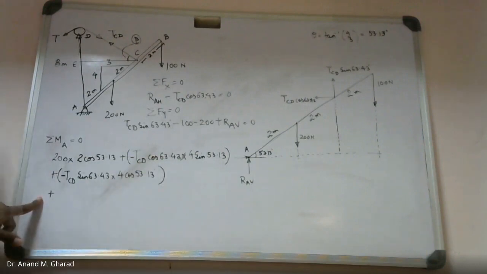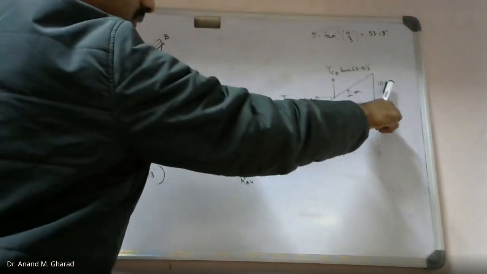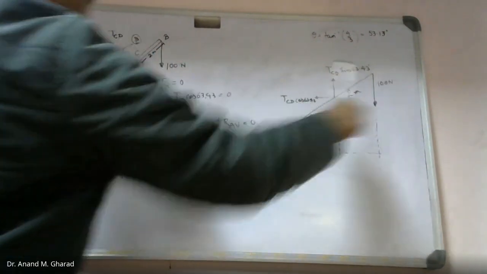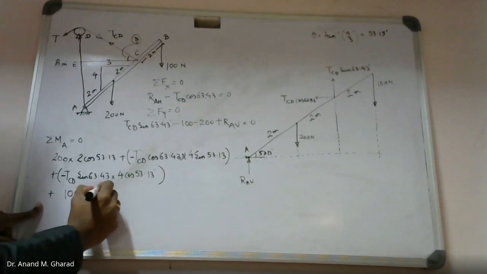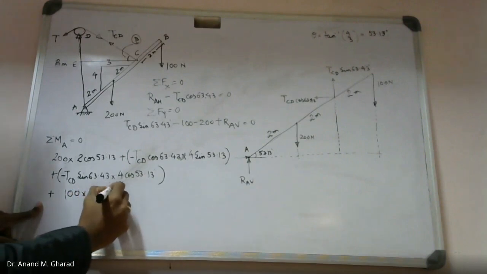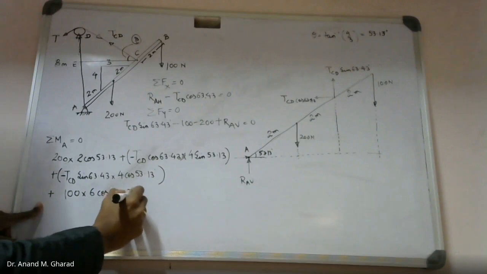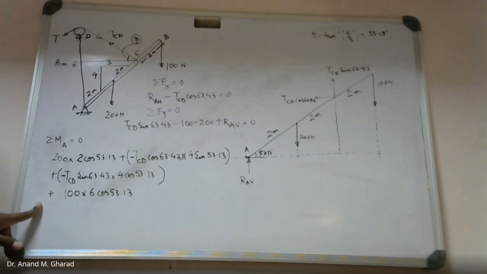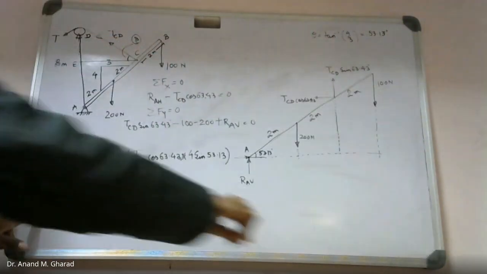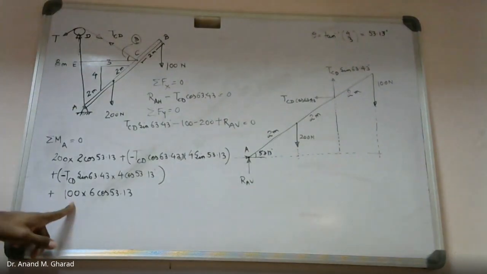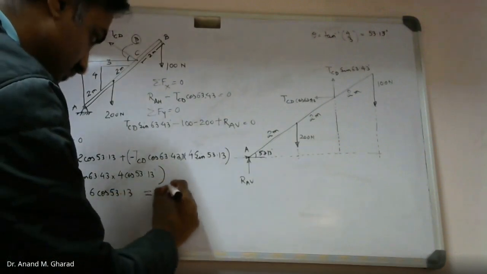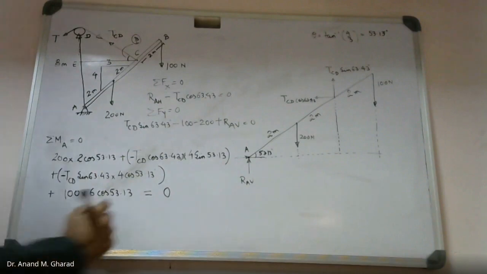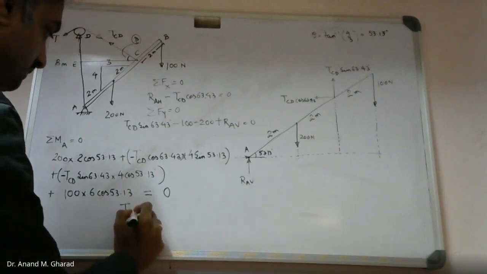Then again plus one more force is there, that is of 100 Newton. 100 into, here it shall be now 6 cos of 53.13, and it is rotating about point A in the clockwise direction. So is this value okay? Yes, sir. This equation should be equated to 0.